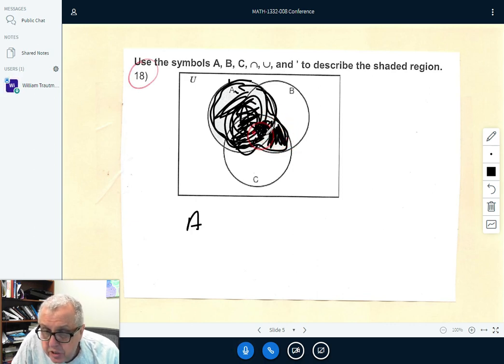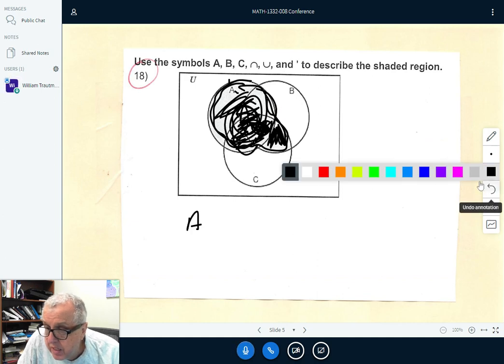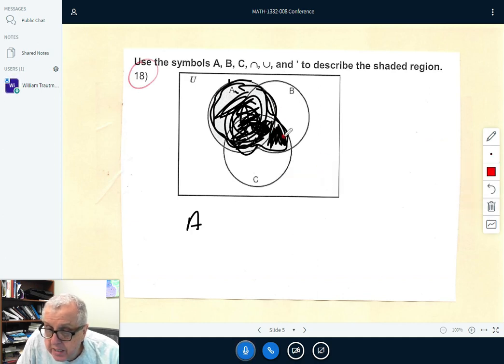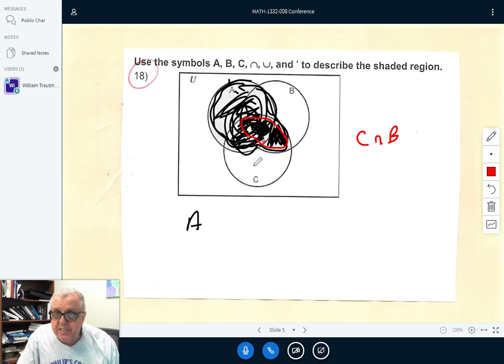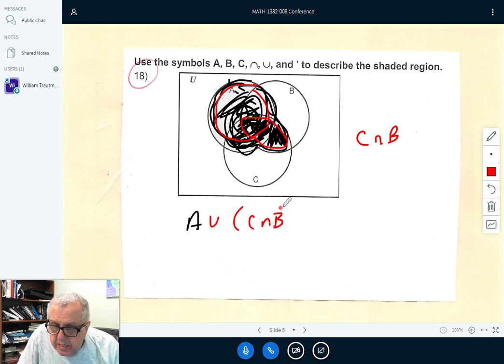And you could actually look at this piece. So if you look at this piece right here, that piece in red is C intersect B. Do you see how those two, what's in common with C and B, that piece? So this is A, and that's C intersect B. So if I do the union of A and C intersect B, it will be everything that's in there.